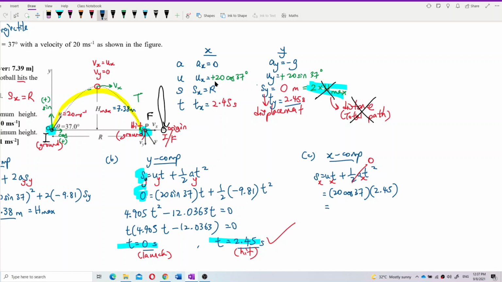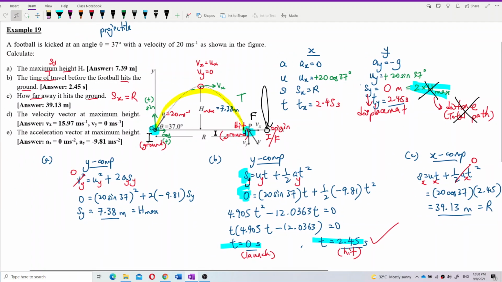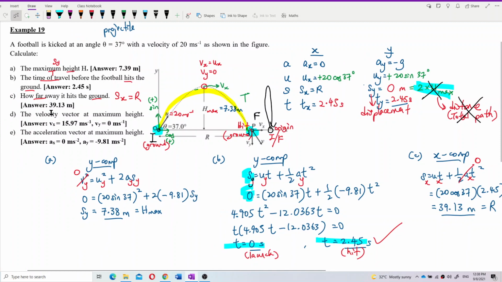Let's find out the Sx. Okay, so the Sx is 39.13 meter. That's our range. How far is it? 39.13, yes, correct.